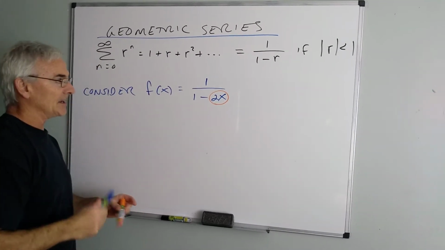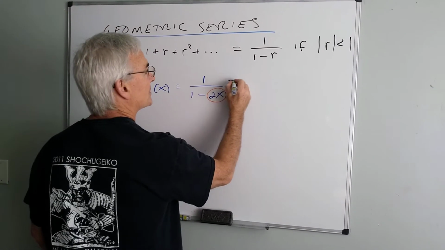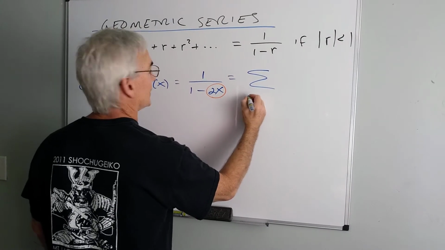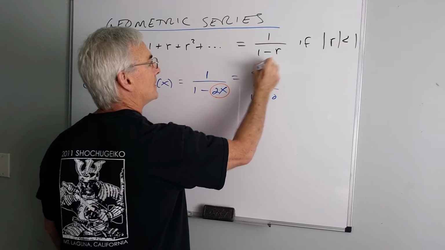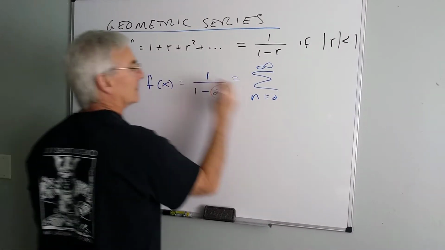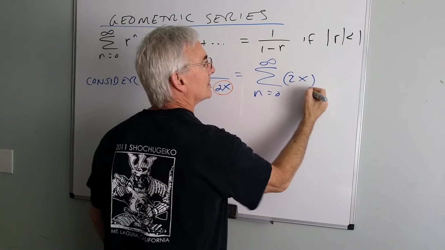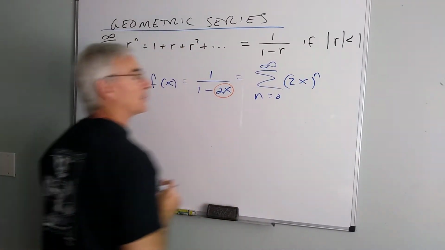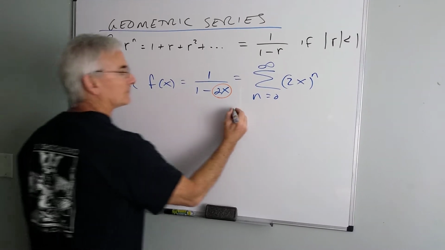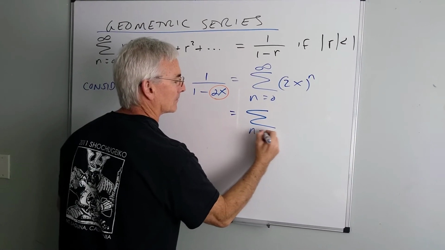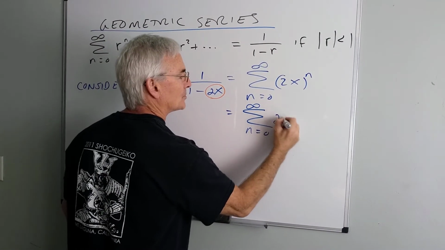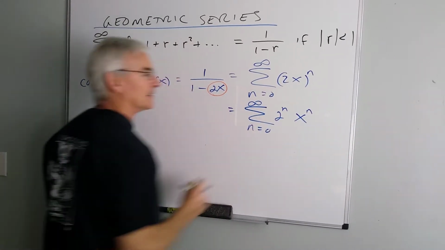So with that said, I can claim that this is equal to the series from n equals 0 to infinity of 2x raised to the nth power, or 2 to the n, x to the n.